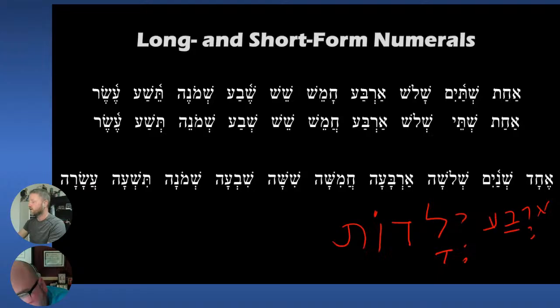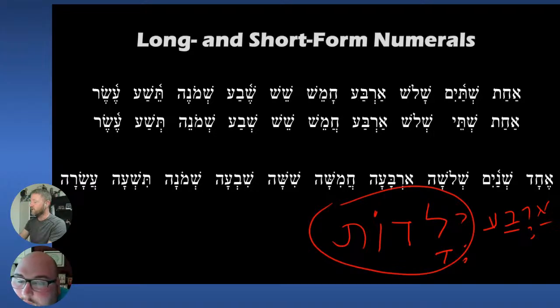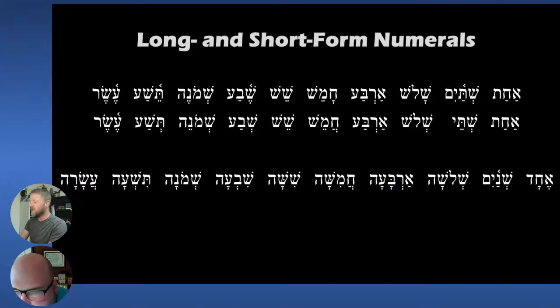So if you've got yeladot, it's a long form. You say arba, arba yeladot. Okay, but the masculine is normally, as it stands, a shorter word, yeled.